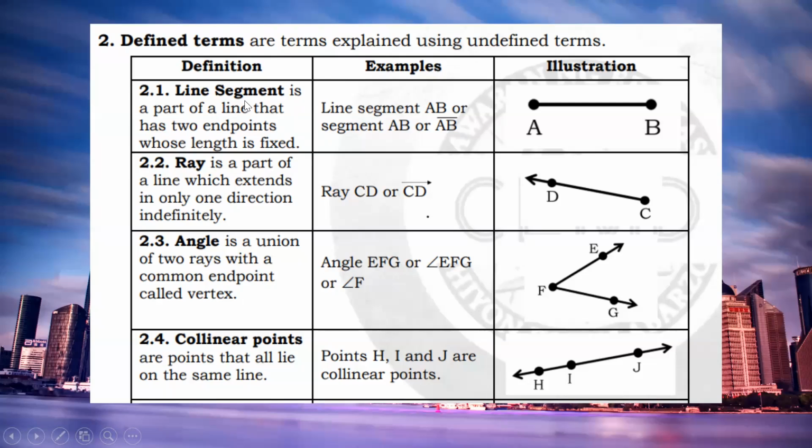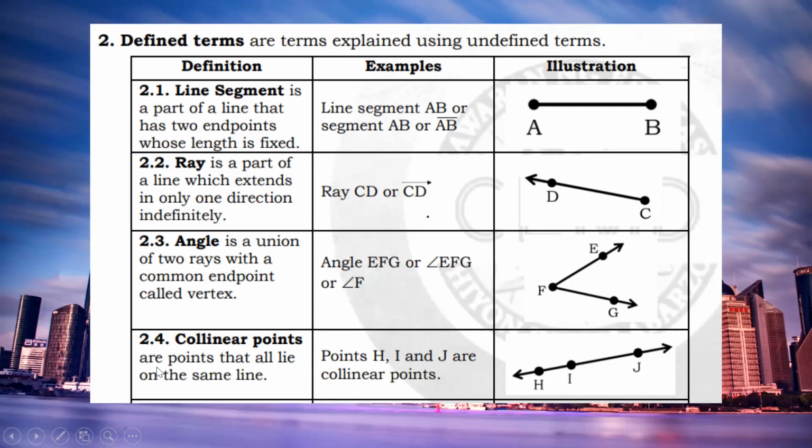So just like this one, line segment. It uses line to define line segment. Line, which is an undefined term, right? On this one, ray, also uses line to define ray. Angle, okay, so we have two endpoints, okay? So point, so that is an undefined term.